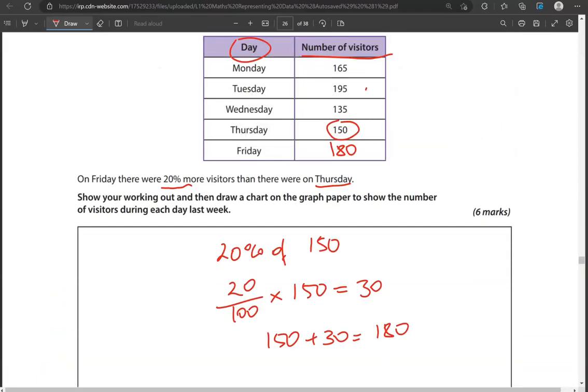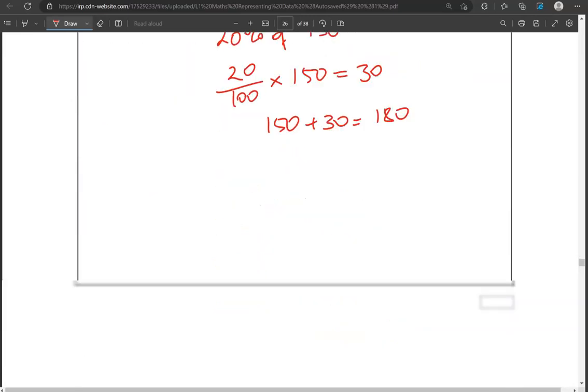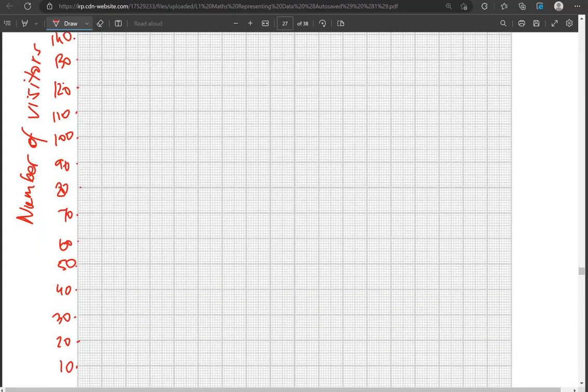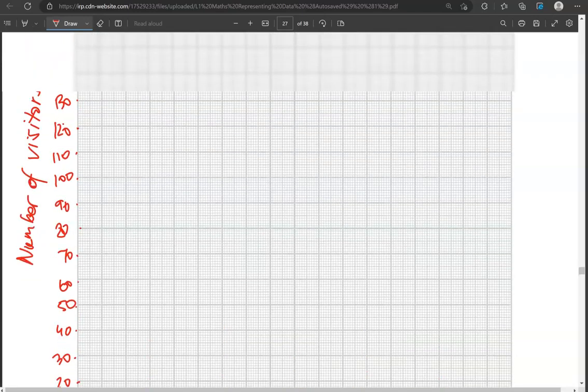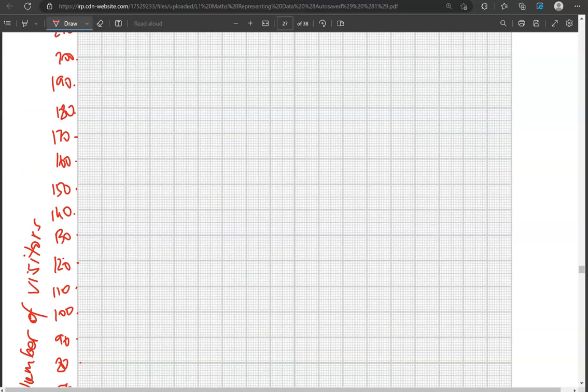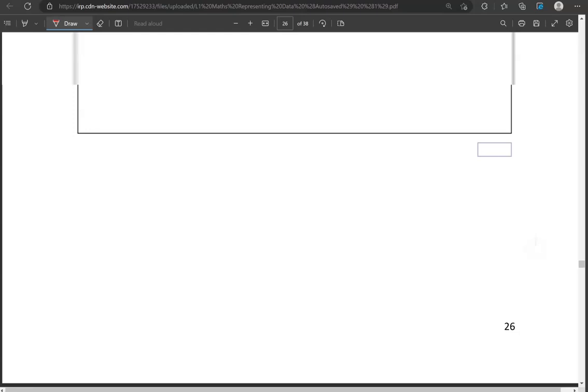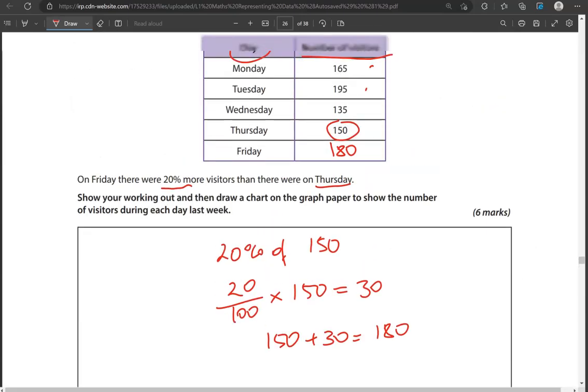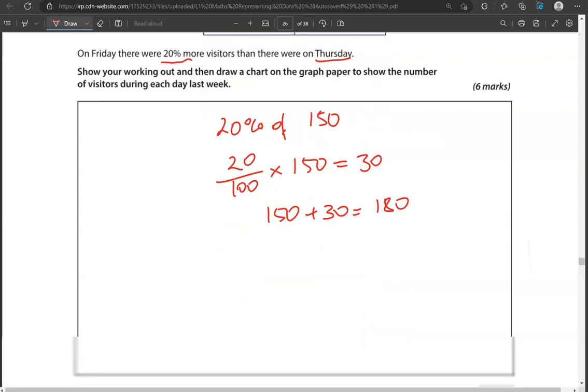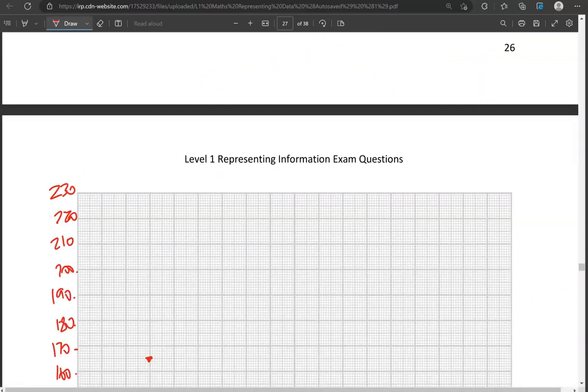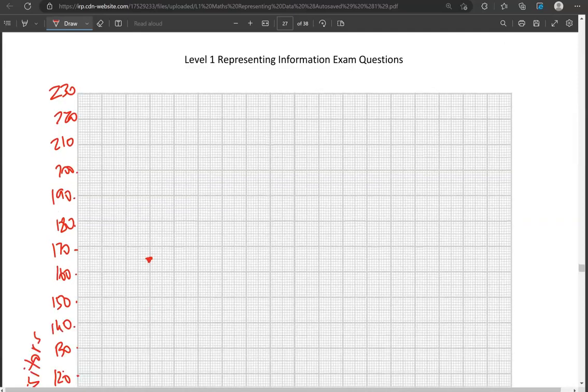So on Monday there were 165 visitors. On Tuesday, 195. So that is in between 190 and 200.